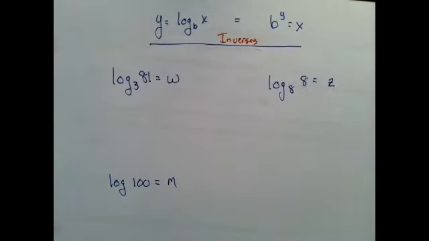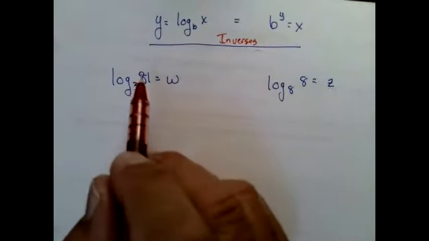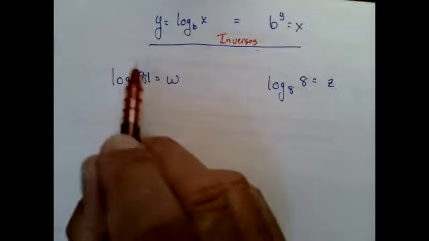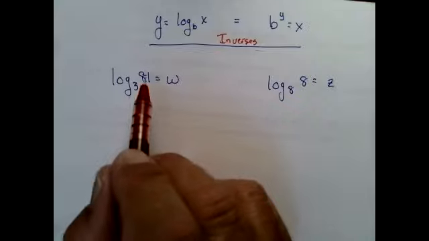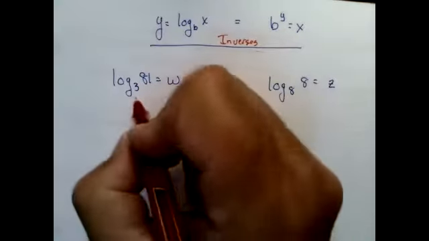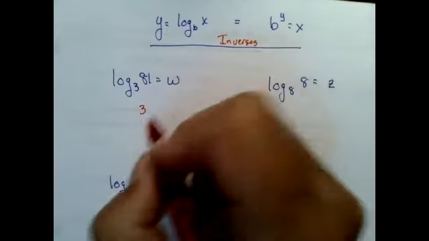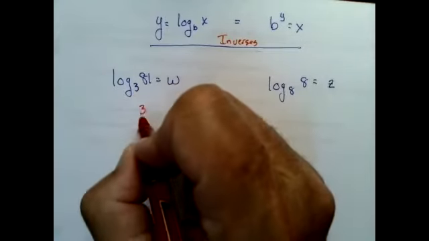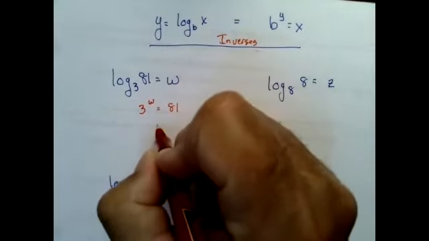If I take a look at this first problem, I cannot solve that yet. End of today, I can solve that. But right now, I can't solve this as a log. I don't know what that value is. But by turning it into an inverse, rewriting it as an exponent, I get base 3. So it's the base with an exponent of W equals 81.